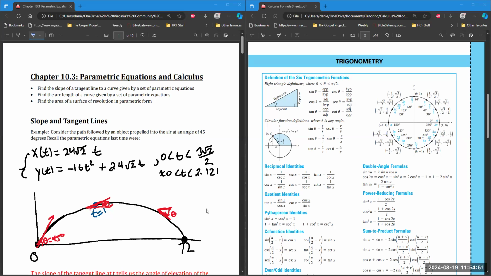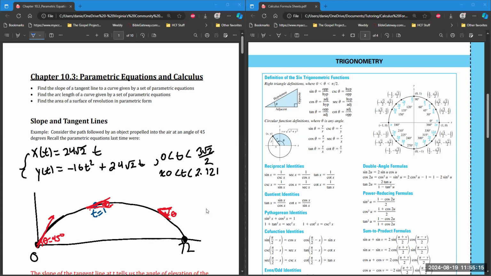Consider the path followed by an object propelled into the air at an angle of 45 degrees. Recall the parametric equations last time where x of t is equal to 24 root 2 t.